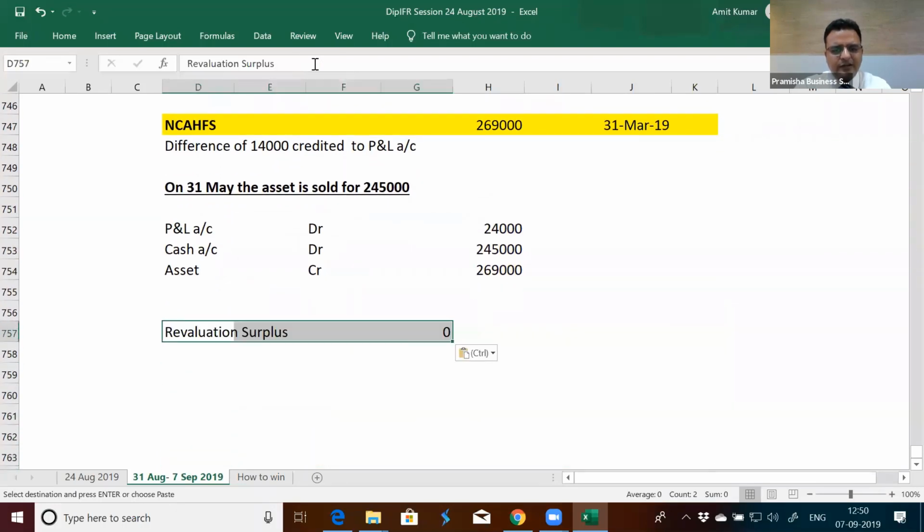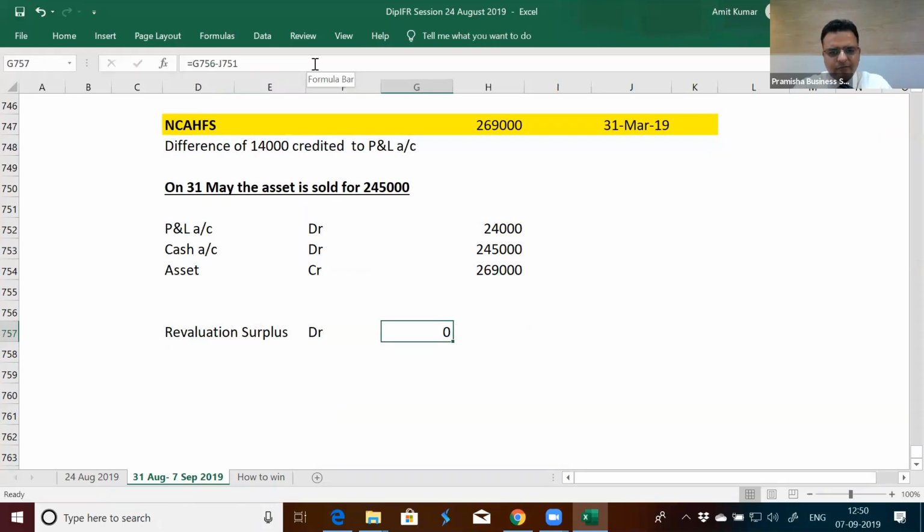The revaluation surplus related to this is debited 22,500 and directly transferred to retained earnings, which you may remember that IAS 16 property plant and equipment said that if there is any revaluation surplus, we have a choice that we can transfer excess depreciation each year, or we can wait and we can transfer the entire balance of revaluation surplus to retained earnings on the date of disposal or derecognition. The same theory or principle we are applying here. It will be directly transferred to retained earnings the day the asset is sold. 22,500.